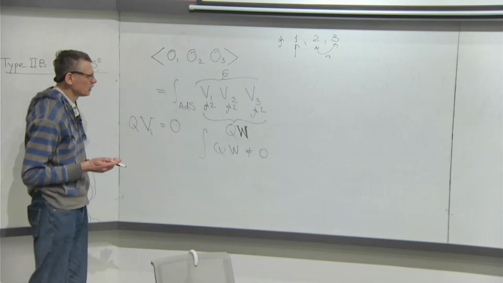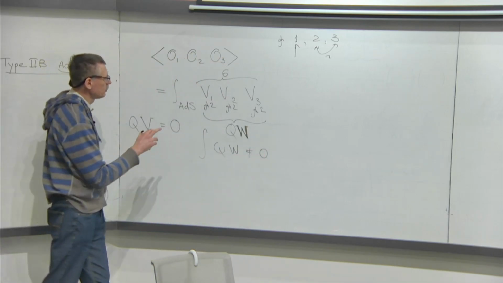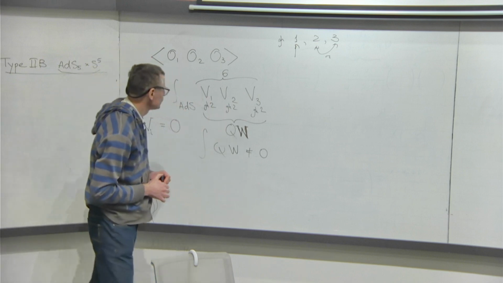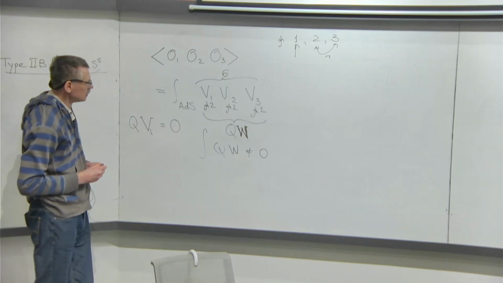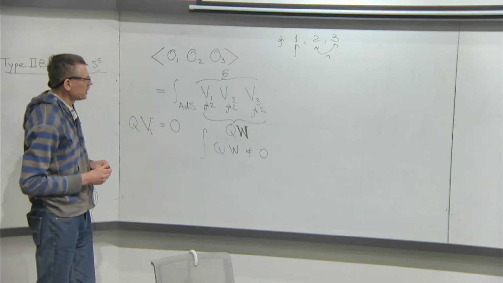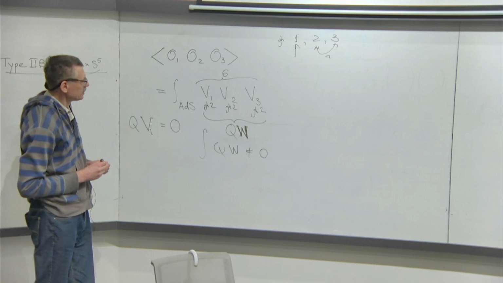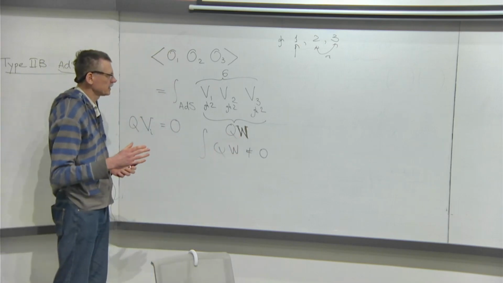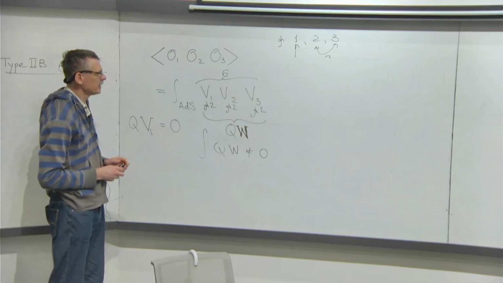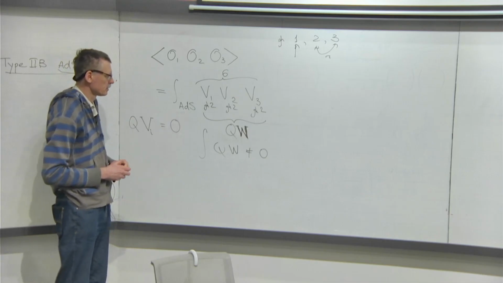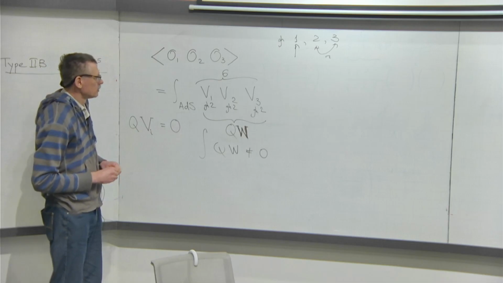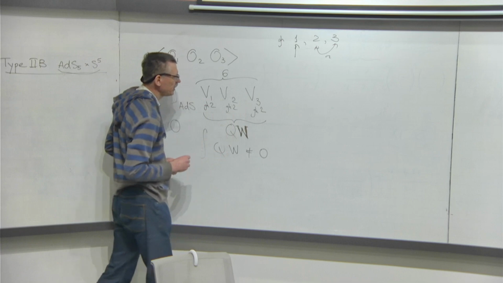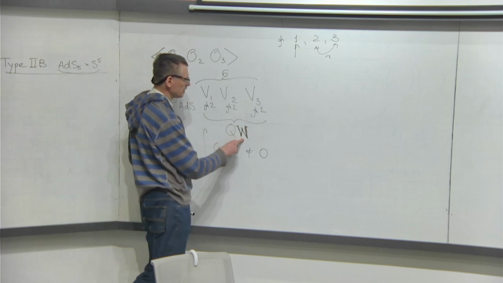I don't know how it works in detail because I don't know the precise prescription about how you integrate over AdS. But in general, W is not admissible because it has some bad behavior near the boundary of AdS. So how do we measure this bad behavior? Apparently, the product of V1, V2, V3 was admissible, but W was not admissible.